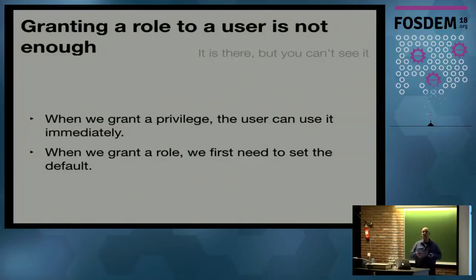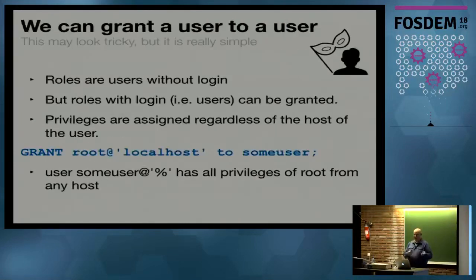You also have to activate the role. You have to set the role as default. And what I was saying before was that you can grant a user to a user. So you don't need to have a role specifically defined. You can say just grant user Shlomi to user Fred, and it will work. It will be a confusion between the two, but it works just like a role.